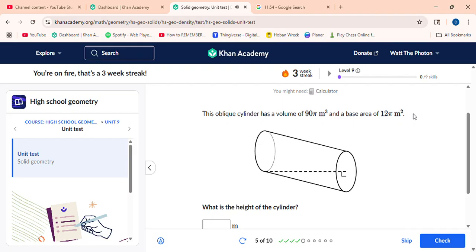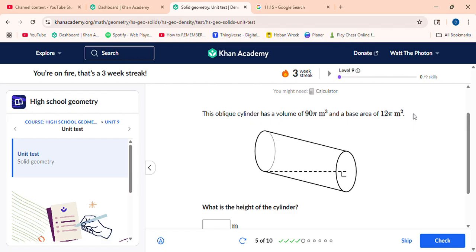This oblique cylinder has a volume of 90 pi cubic meters and a base area of 12 pi square meters. What is the height? Okay, so we're going to have 90 pi cubic meters divided by 12 pi square meters.